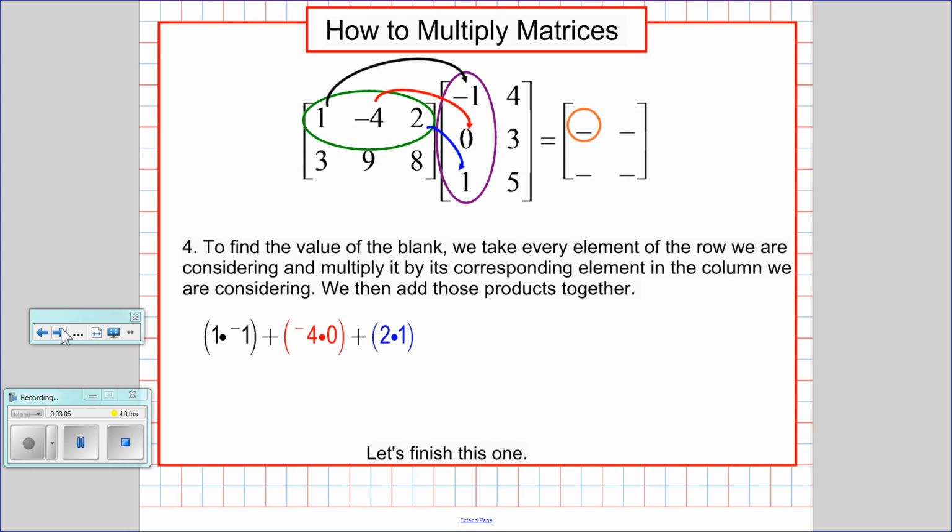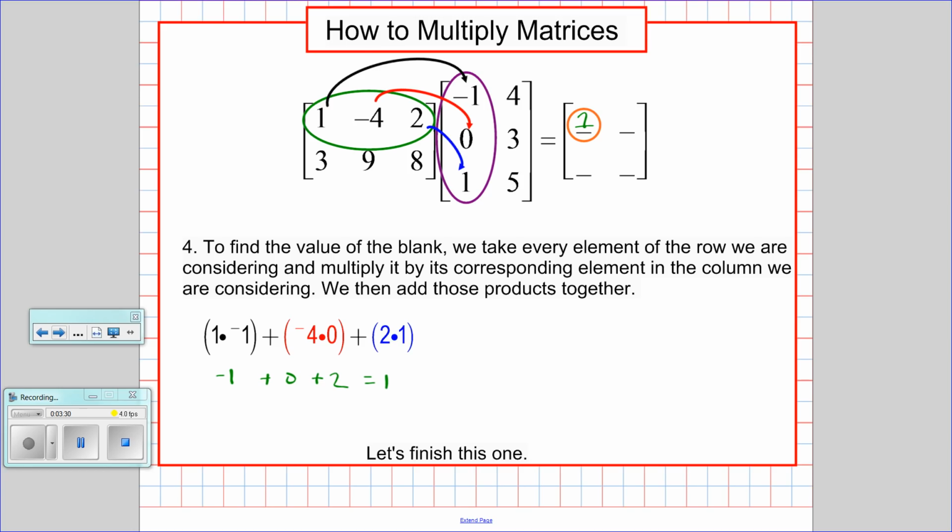Then -4 times 0 and 2 times 1. We're going to multiply those out, and we're going to add those products. And all of that work is going to tell us what the top left element in the answer matrix is.